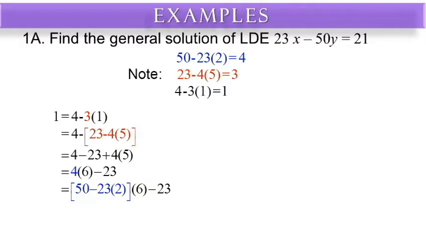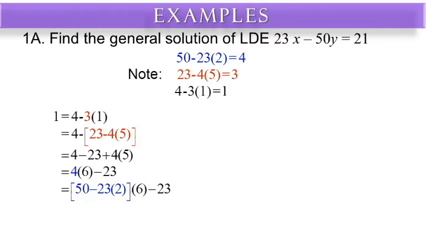Then distributing the negative sign, we'll have 4 minus 23 plus 4 times 5. Then combine our 4. So we have 4 from the front, and we have here 4 times 5, and we'll come up to 4 times 6 minus 23.